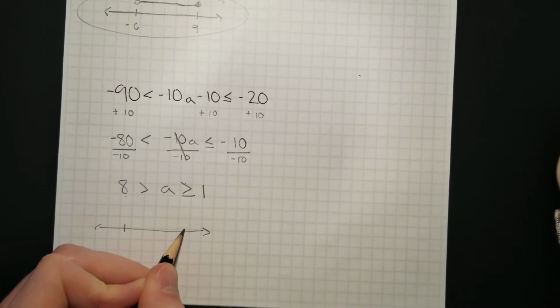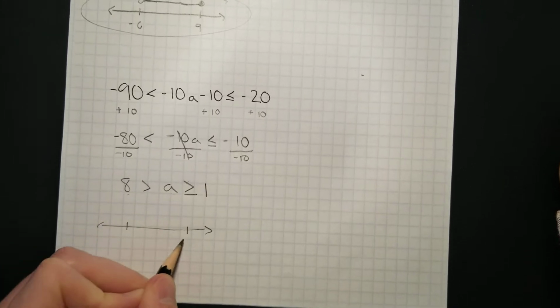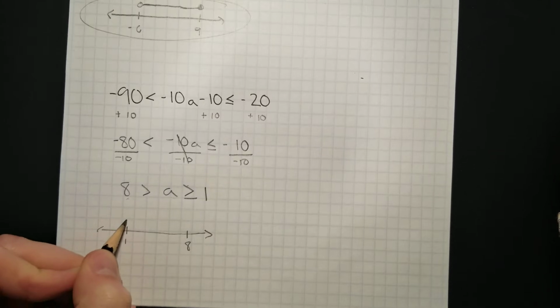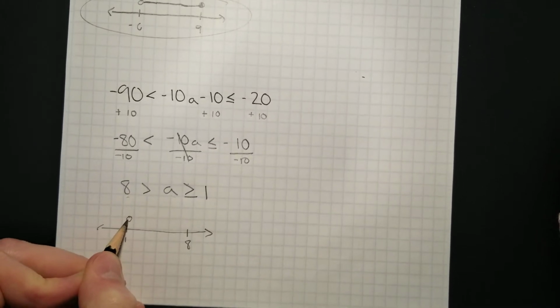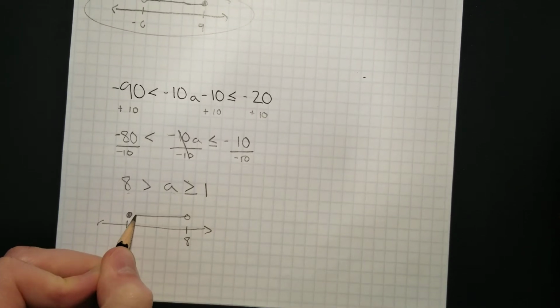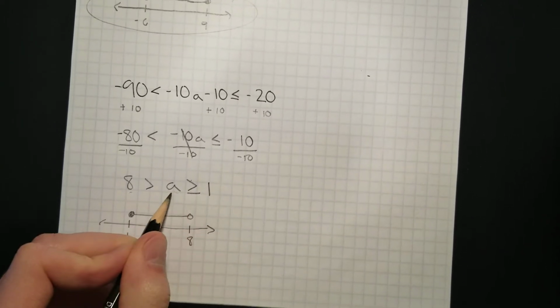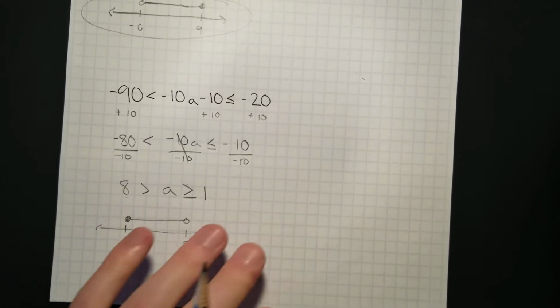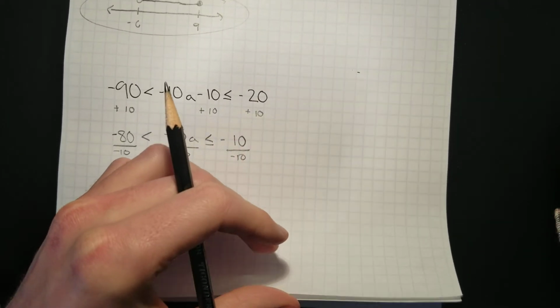Draw the line, and 1 goes down here, 8 goes up here, put them in order. This one's going to be filled in. That one's not filled in, and we connect them because it's greater than 1 and less than 8, so we have the stuff that's in the middle.